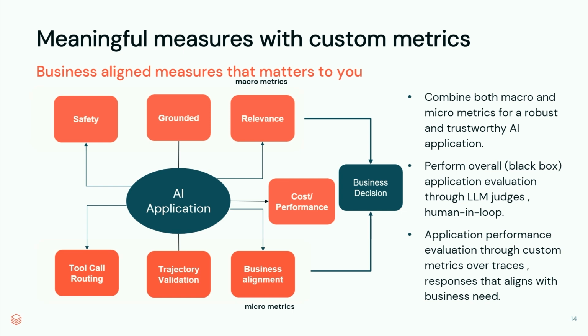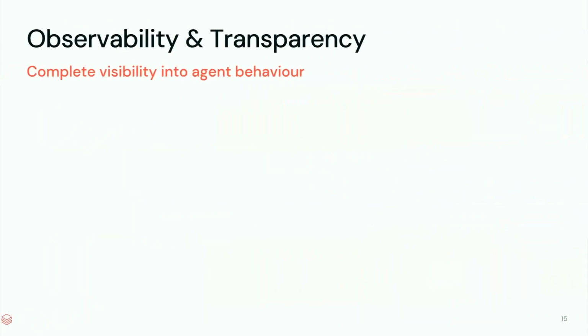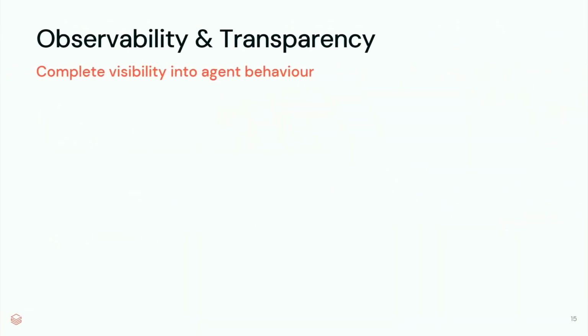Now, I have talked enough about metrics and evaluation. Let's talk a little bit about observability. Everything I have talked about in terms of tools, trajectory, and so forth, how can I achieve that if I don't have the right information? That's where observability comes in. That is basically saying I have all the information I need to create those metrics that are relevant to my business need.